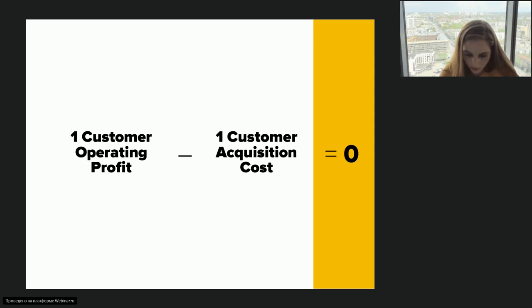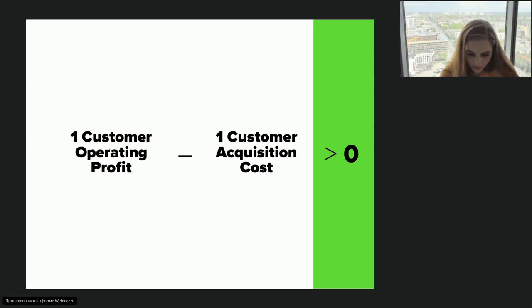In general, you need to make sure this amount is above zero. It is clear that if the amount is only slightly above zero, it doesn't mean that your business is profitable, but the understanding that you have reached the value helps a lot. So when we have economics like this, we can tell that our digital experiments are paying off.